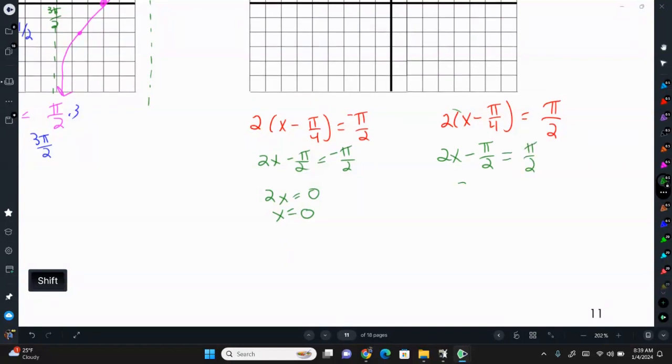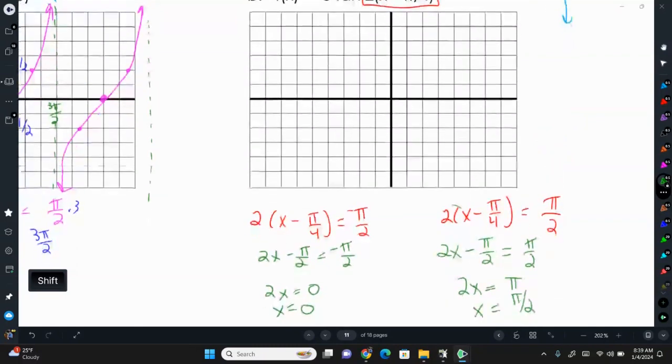Add pi over 2 to both sides, we get 2x equals pi over 2 plus pi over 2, which is 2 pi over 2, or pi. And then x would have to equal pi over 2. So those will be our first asymptotes at x equals 0 and x equals pi over 2.